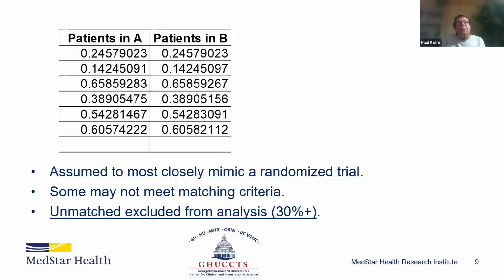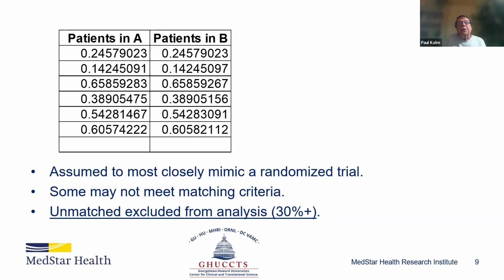However, it turns out that when you do propensity score matching, some patients might not meet the matching criteria. And so it turns out in almost every study that you'll exclude about 30% of the patients because you can't get a match within the criteria that you set.